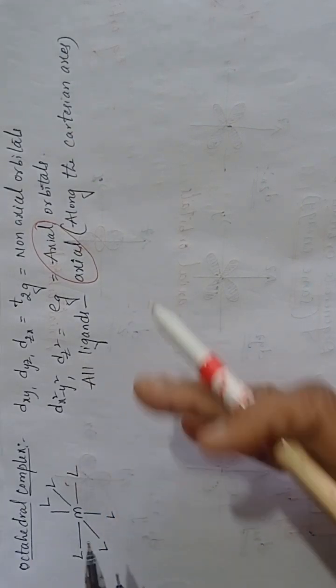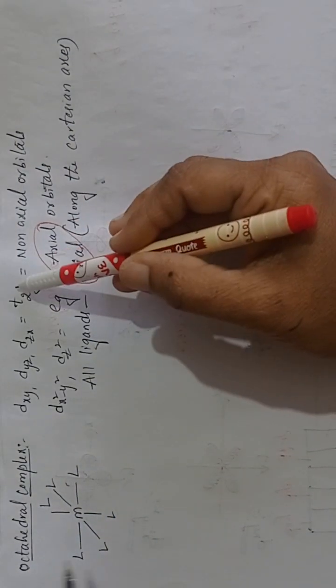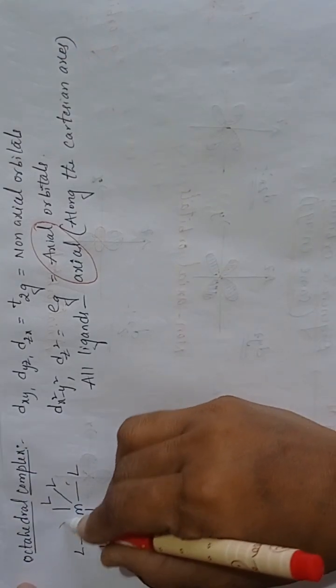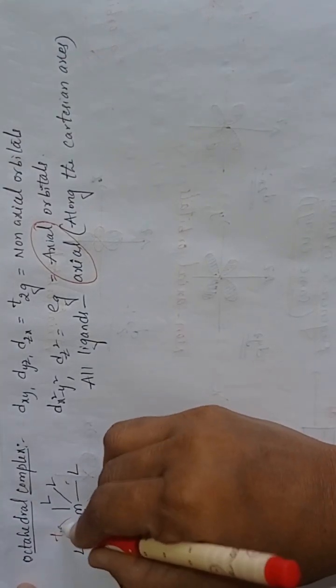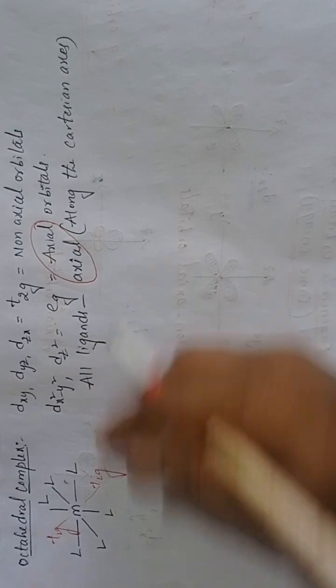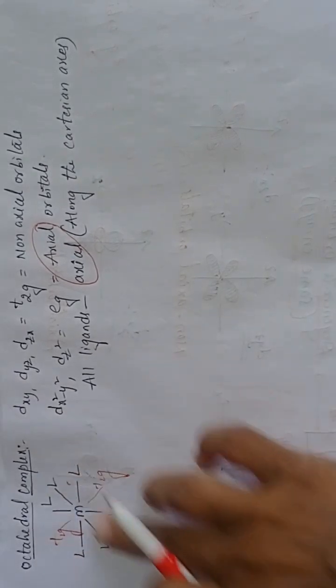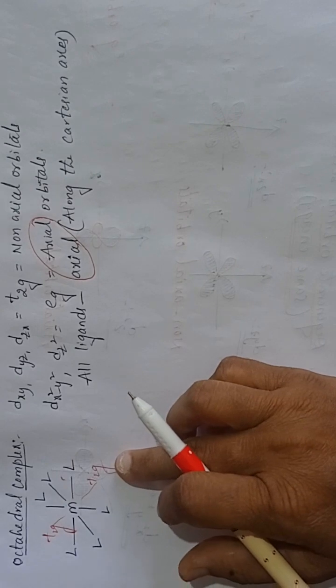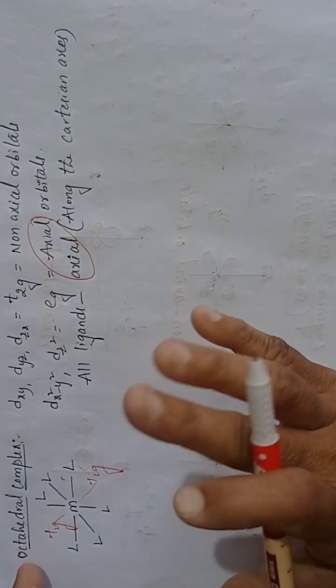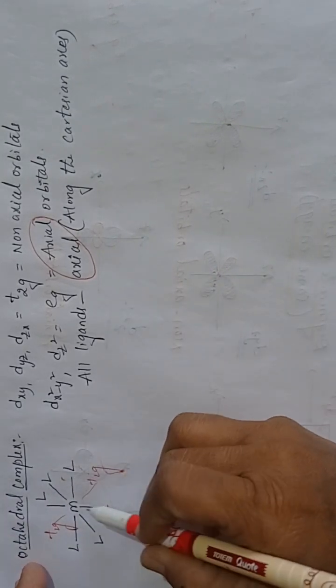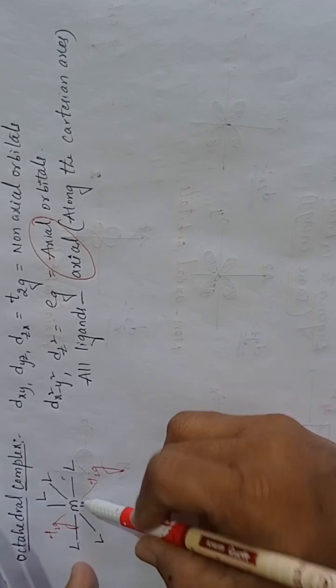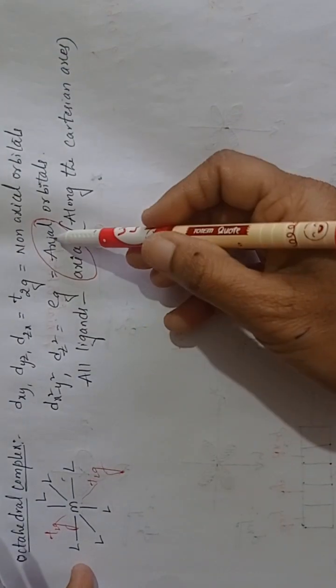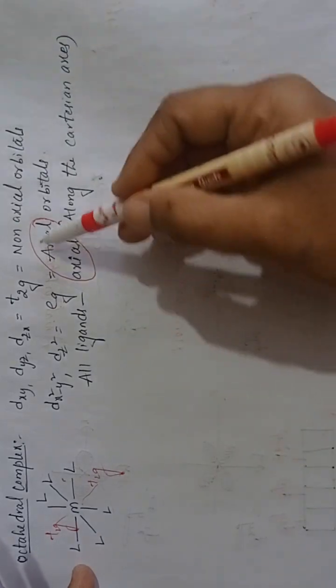Next, the T2g orbitals lie in between the Cartesian axis. These are non-axial orbitals. Now see, students, whenever 6 ligands come closer to the central metal atom, the Eg orbitals and ligands are both in the same plane.